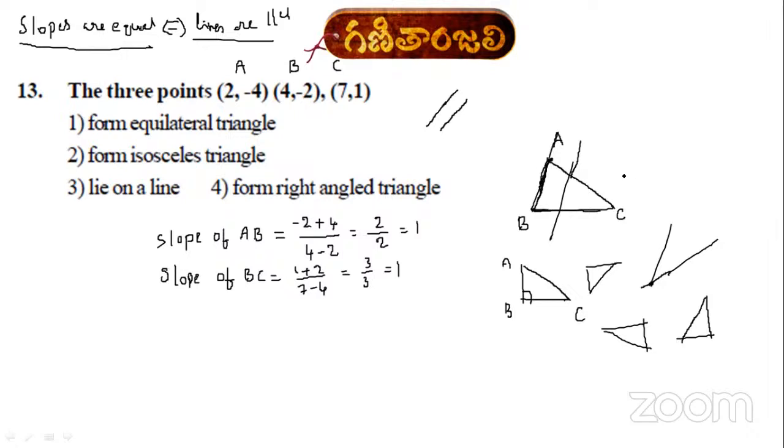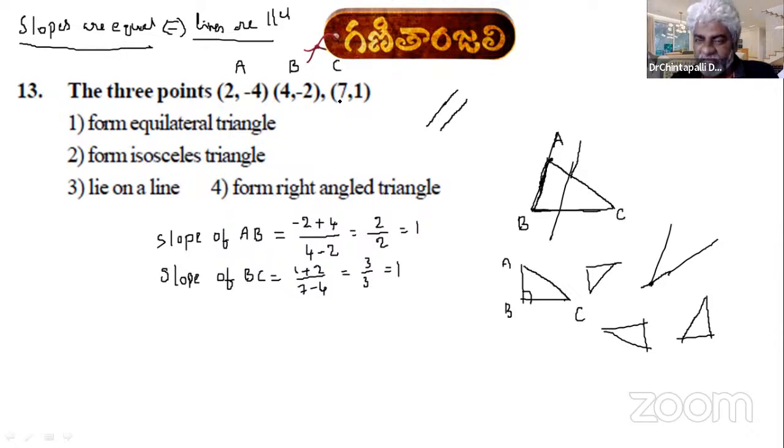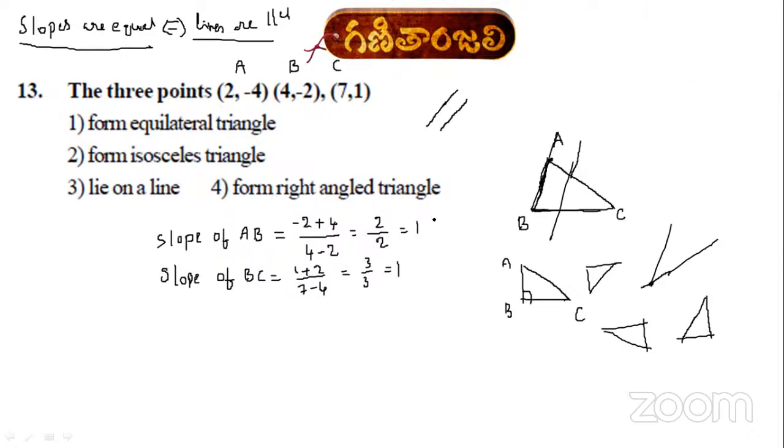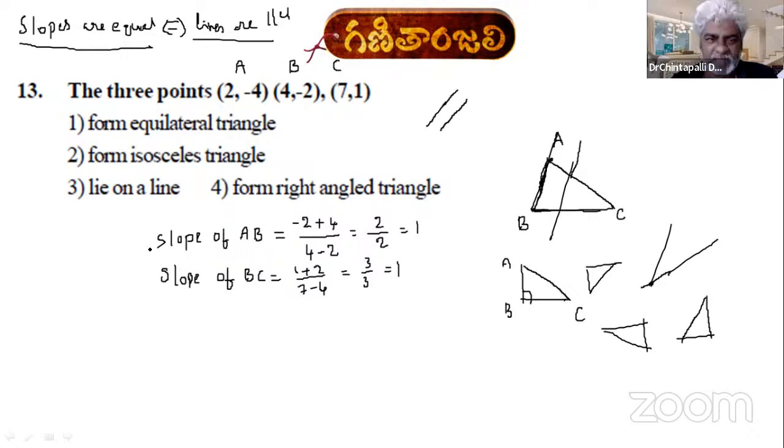Anyhow, the conclusion is that if we try to form a triangle with these three points as vertices, we face an obstacle.